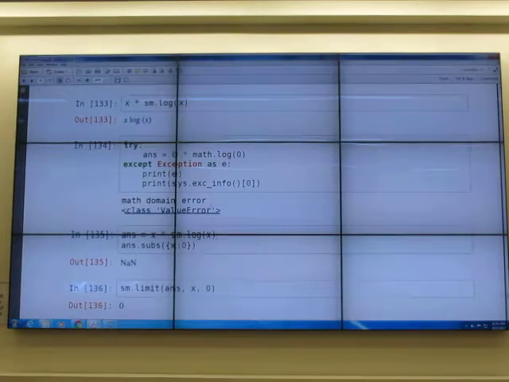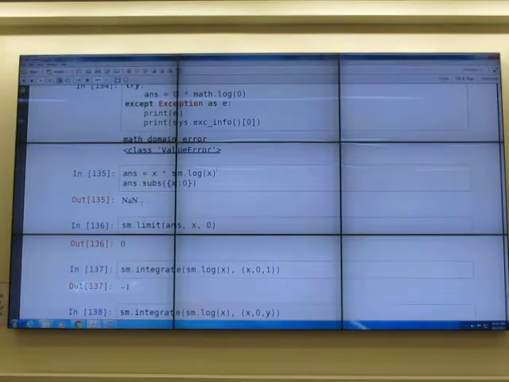If I use symbolic computation, it tells me, hey, 0 multiplied by log 0, substituting x equal to 0, you get nan, not a number. But if you do a limit, even though the point value doesn't exist, the limit as x approaches 0 exists. That's how you can do integration.